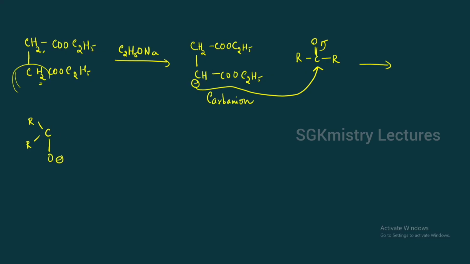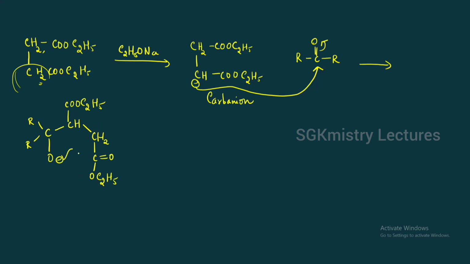Now to this carbon, this entire group has been attached: CH, with one group attached, that is COOC2H5, and the other group attached is CH2, C double bond O, OC2H5, right? Why I have written this is so I can easily show how the minus charge now attacks the other carbonyl carbon and how the reaction will proceed.